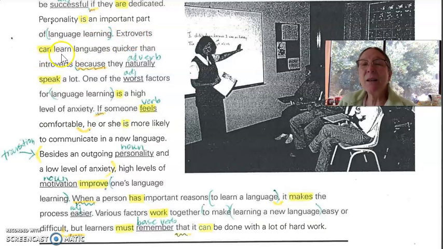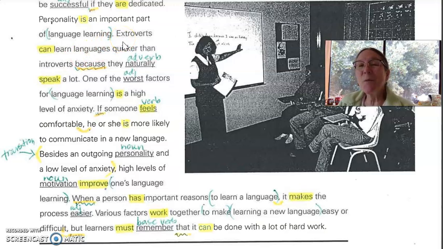Extroverts can learn. There's the modal can and the base form learn. Language is quicker than introverts because, joining word right there, they naturally speak a lot. Naturally is an adverb. Extroverts and introverts, do you know what these words mean?